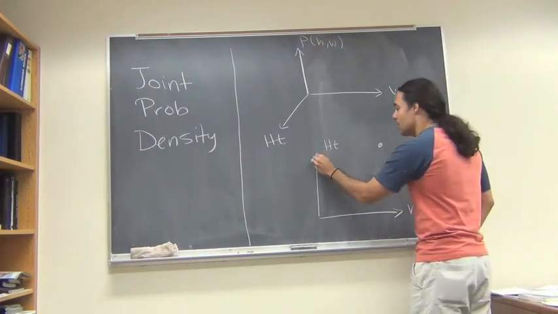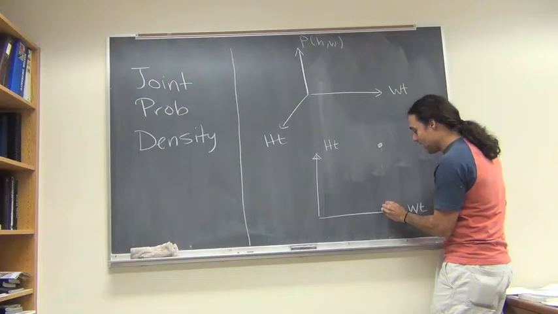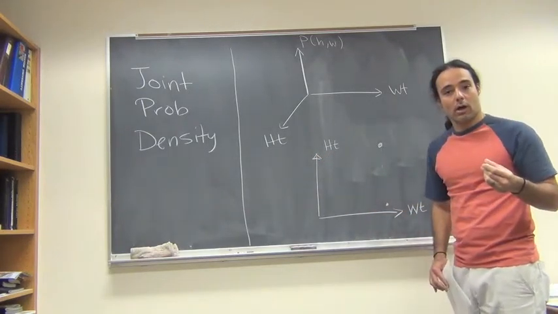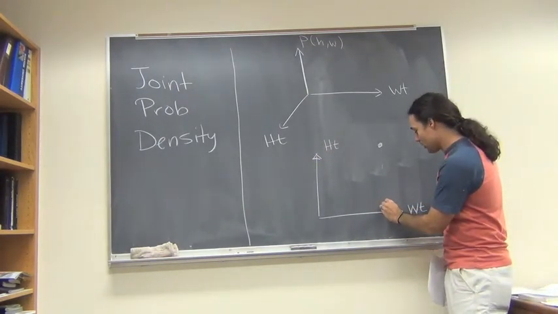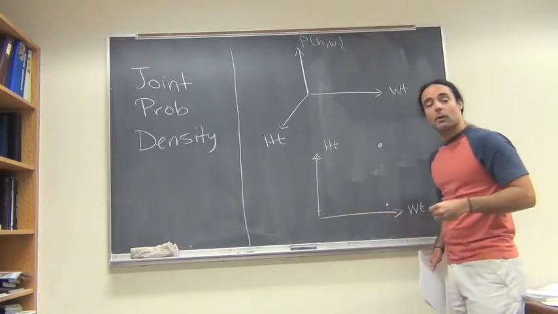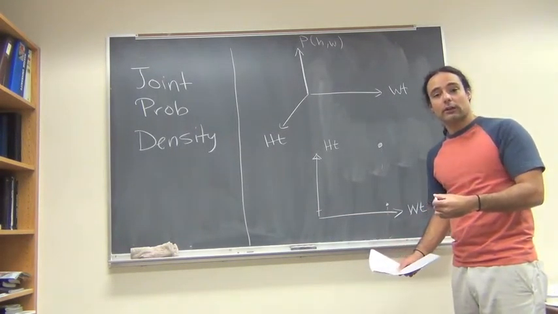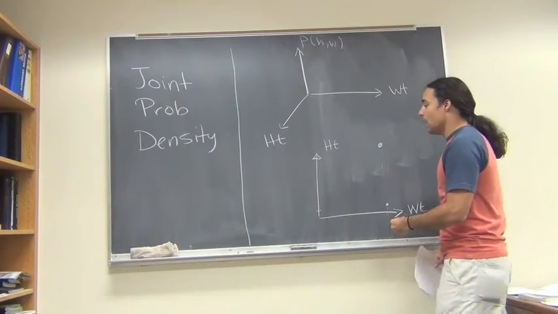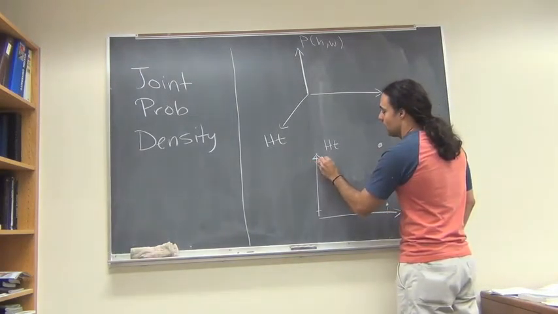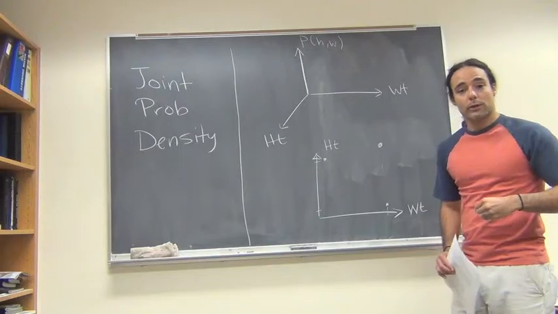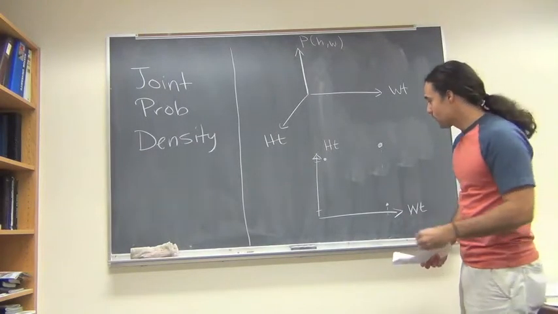In contrast, being very tall or having a large amount of weight would not correspond to being very short. So if you are 3 feet tall, you're probably not going to weigh 600 pounds. Similarly, if you are 7 feet tall, you are probably not going to weigh 50 pounds.